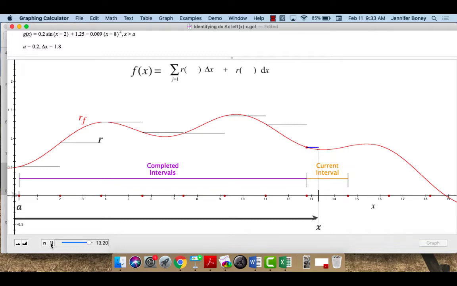But if you want to imagine for the first interval, just looking at numbers, I've got a rate of 0.5 that I use for 1.8 units. Starting from this a value, if I were going to say what happens because of that rate, a rate of 0.5 for 1.8 units gives me 0.9 of whatever it is accumulating. 0.5 times 1.8.